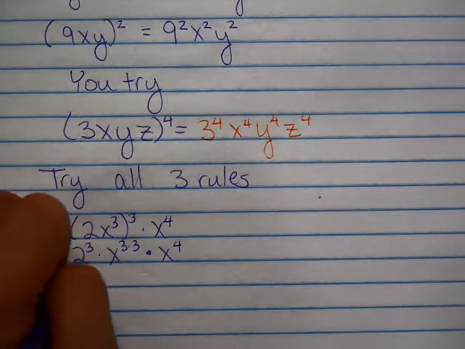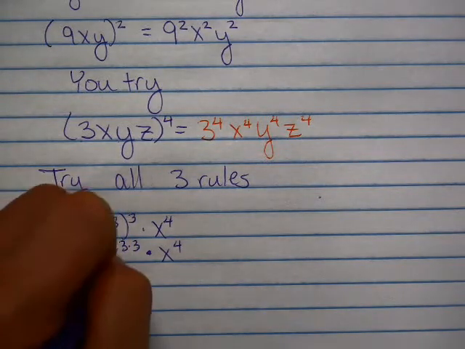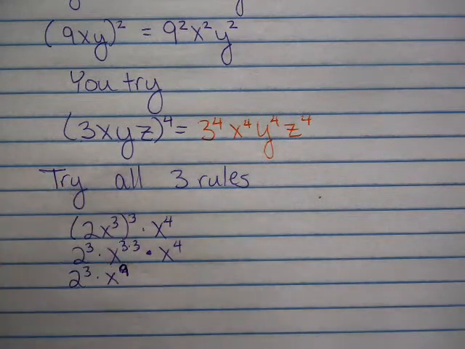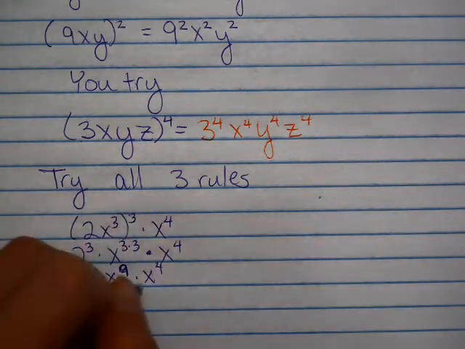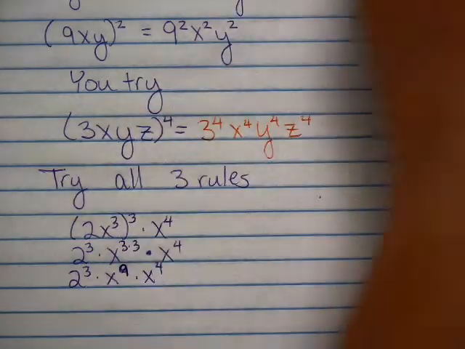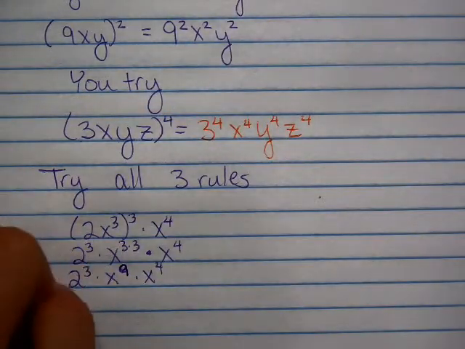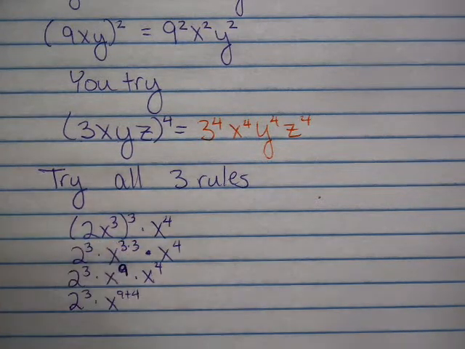So then I'm going to take it again. So 2 cubed times x to the 9. It's 3 times 3, not plus, times x to the fourth. And now I have the same bases, so I'm going to go 2 cubed times x to the 9 plus 4.